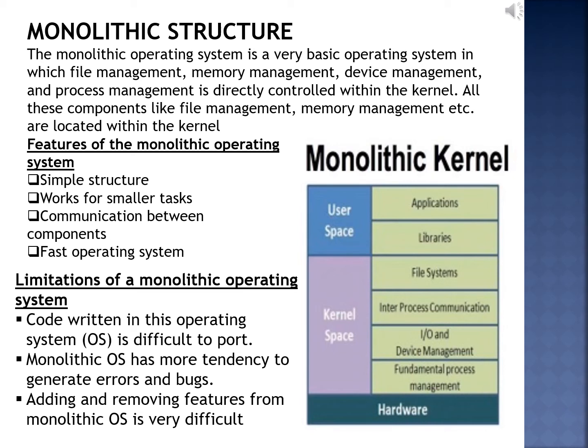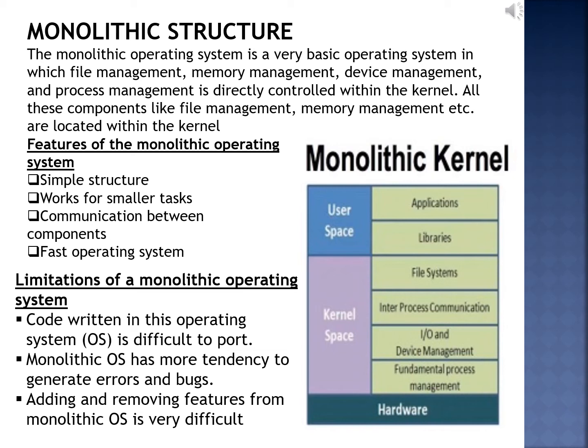Now, what are the features of the monolithic operating system? Simple structure. This type of operating system has a simple structure. All the components needed for processing are embedded into the kernel. Works for smaller tasks. It works better for performing smaller tasks as it can handle limited resources.